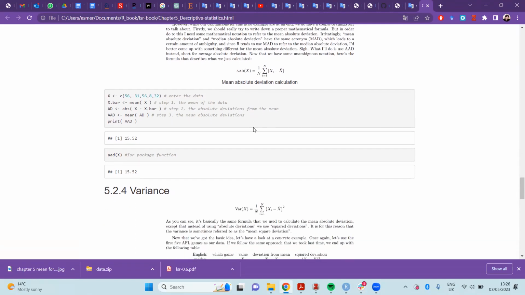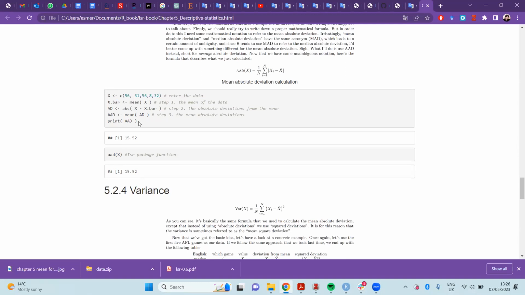Here is an example of how we can do this manually. We have the data set, obtain the mean of the data set, and then subtract the values from the mean.